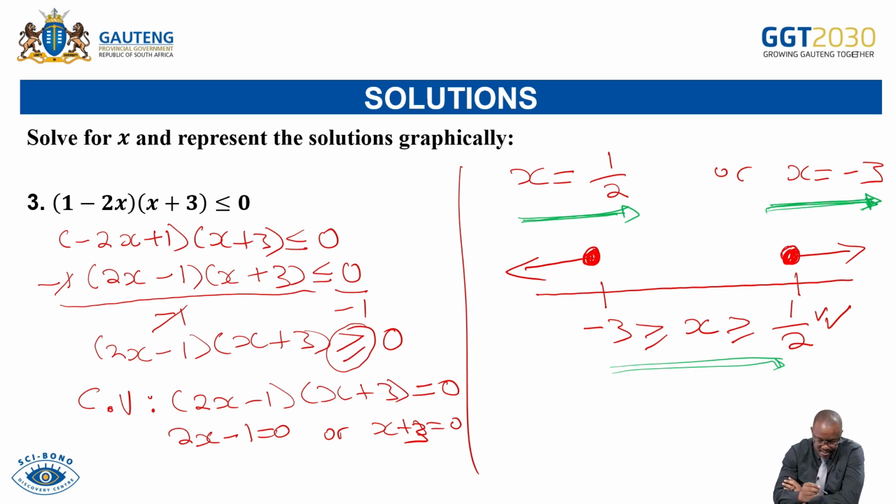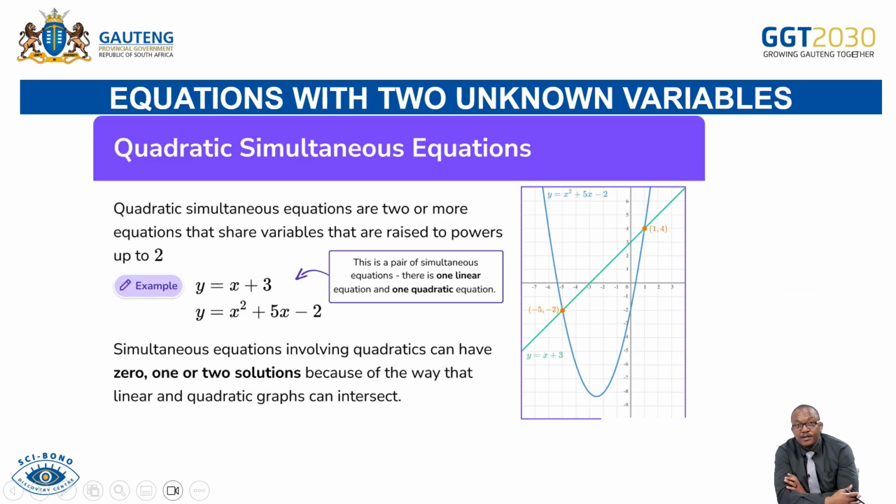So we move forward now. We look into equations with 2 unknown variables. We call them quadratic simultaneous equations. So with quadratic simultaneous equations, guys, it says quadratic simultaneous equations are 2 or more equations that share variables that are raised to powers of 2, correct?